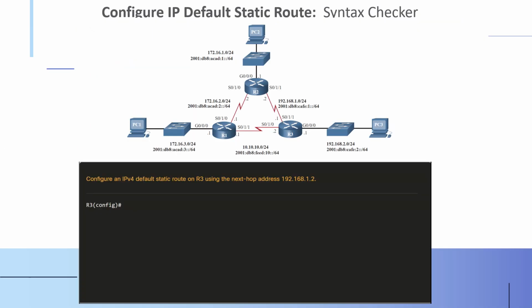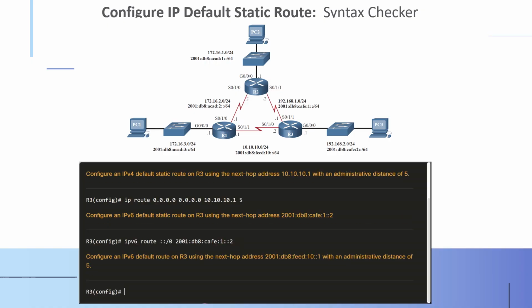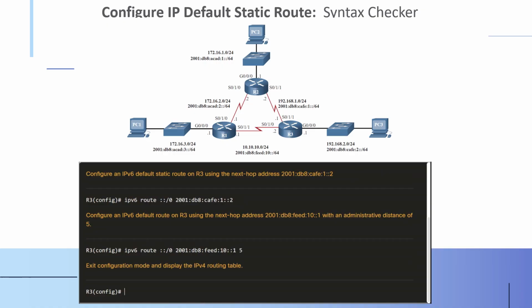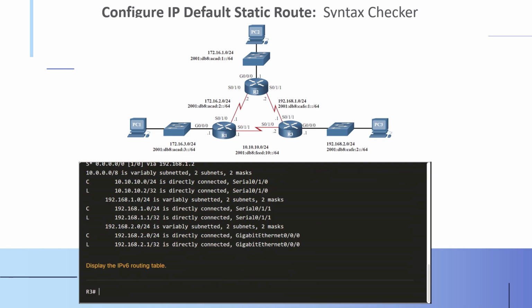So here in this syntax checker, we will configure and verify the floating static route based on the specification requirements that are in this syntax checker. So we will go to router 3 and we will configure the default static route, which will point the network to router 2 as the next hop address, 192.168.1.2, which is the IP address of the serial 0/1/1 interface of router 2.